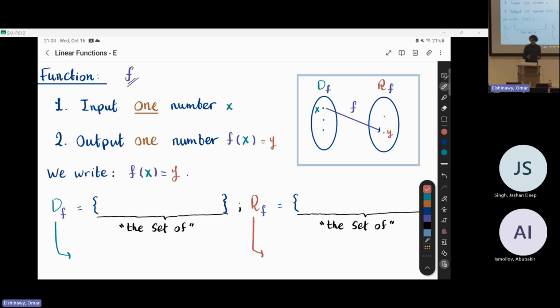That's it. You plug in x, you get y. That's what a function fundamentally is. And there's something called the domain of f. And that is just the set of all possible input.